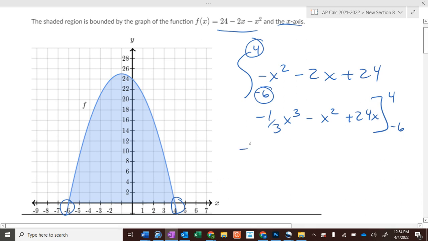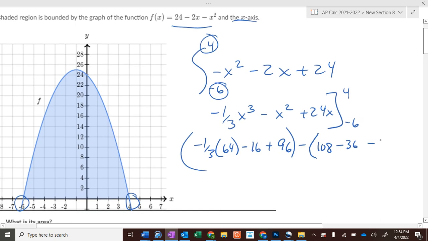So it's negative 1/3 times 64 minus 16 plus 24 times 4, which is 96, minus negative 6 cubed, which is negative 216 times negative 1/3, so positive 108, minus 36, minus 144. 1/3 of 64 is negative 64 thirds.